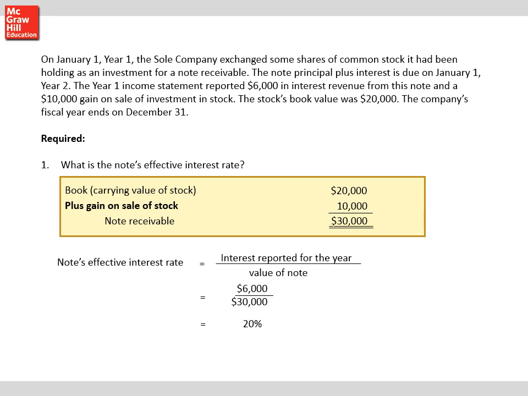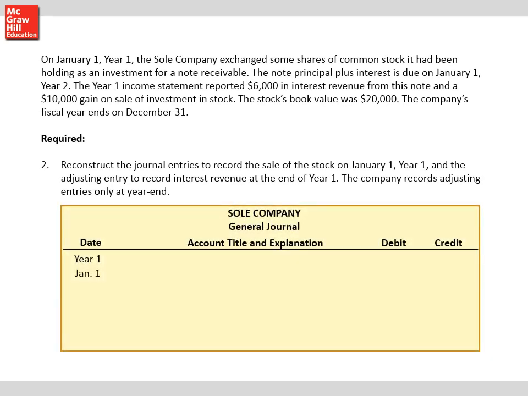Let's reconstruct the journal entries. On January 1, when the company exchanged the stock, note receivable was debited $30,000, investment credited $20,000, what they had originally bought it for, and gain on sale of investment is credited for $10,000.